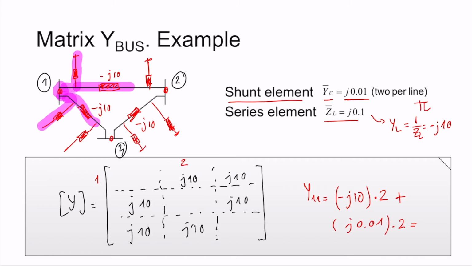By doing that, we have minus J1998. And I have the same for other elements because that is symmetric. Yes, very simple. No matter how big the grid is, this admittance matrix construction can be systematized pretty easily.